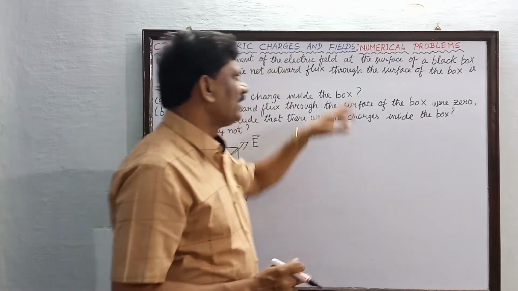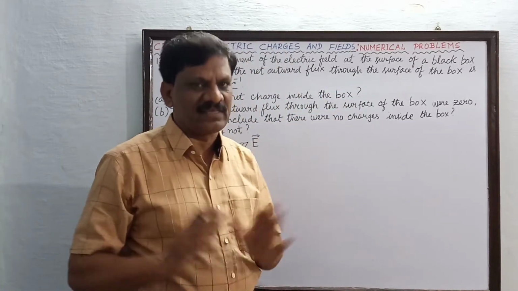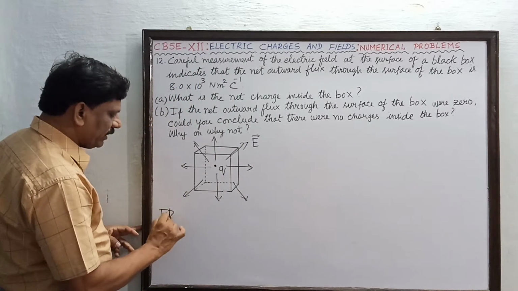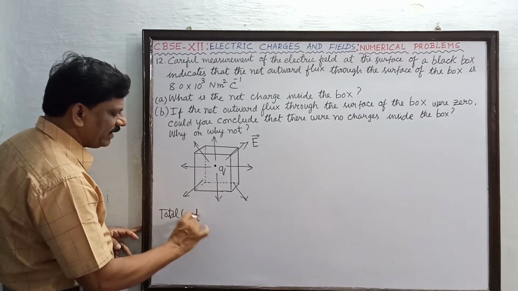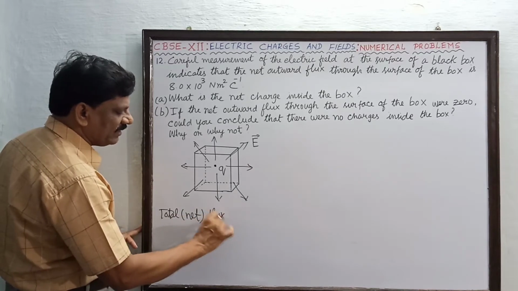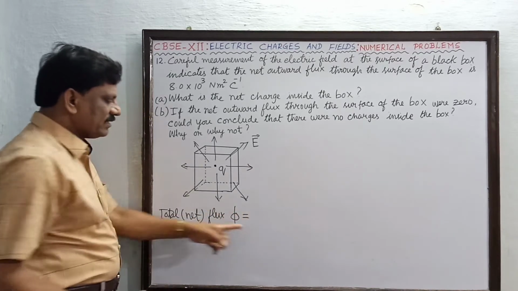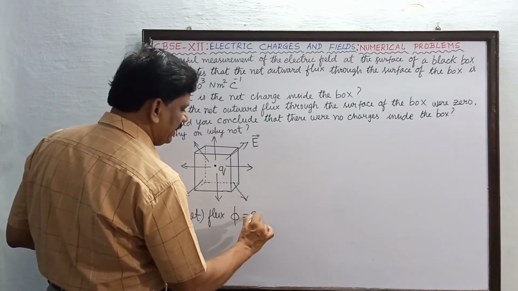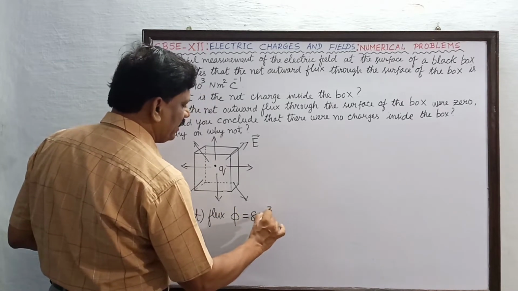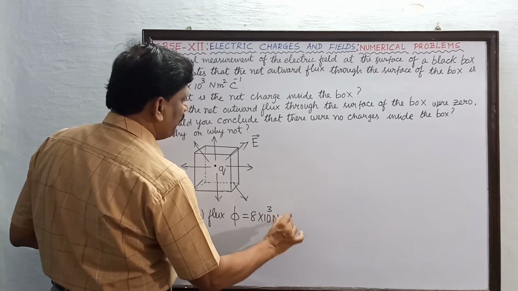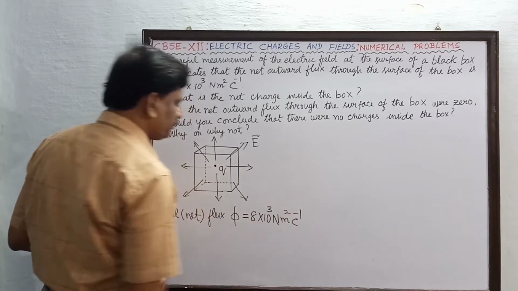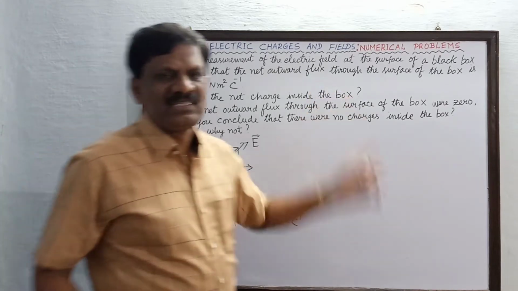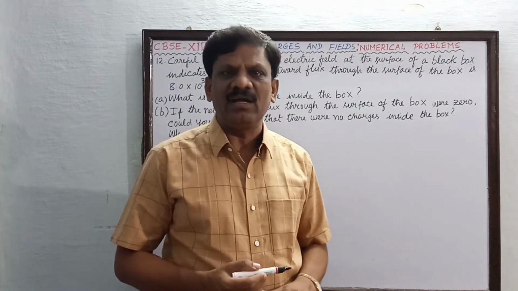It is given that the net flux, the total electric flux, phi is 8 into 10 power 3 Newton meter square per coulomb. And since the medium is not given, it is assumed to be air or free space.